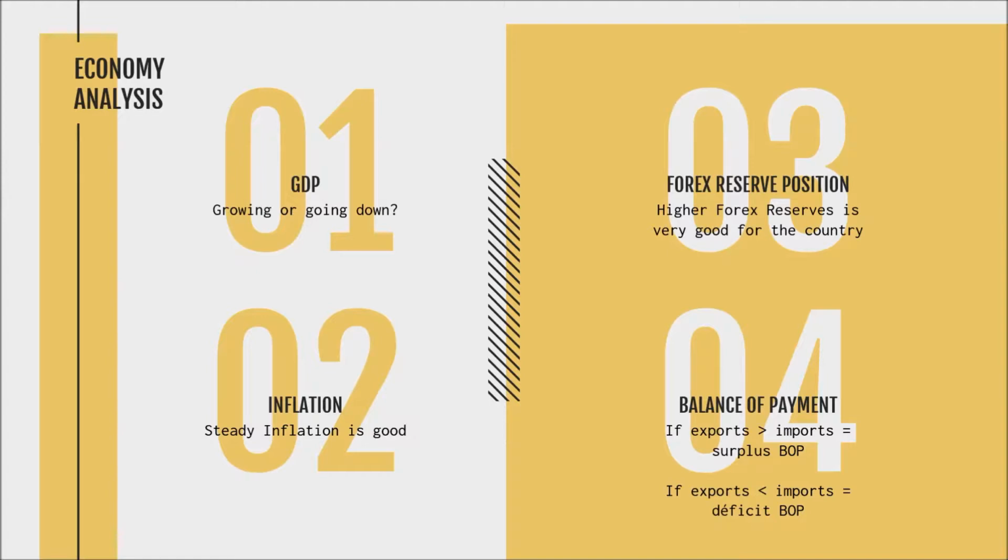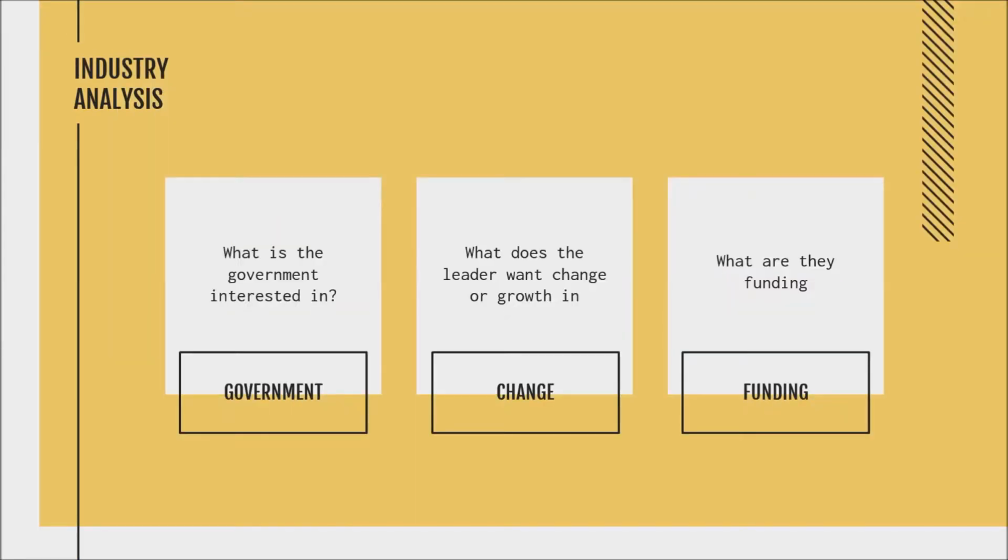What is the Forex reserve position? Higher Forex reserves are very good for the country. Also check out the balance of payment, or BOP. If there are more exports in the country than imports, then there's a surplus BOP, which is really good. But if exports are less than the amount of imports, then there's a deficit in BOP, which is not that good for the country.